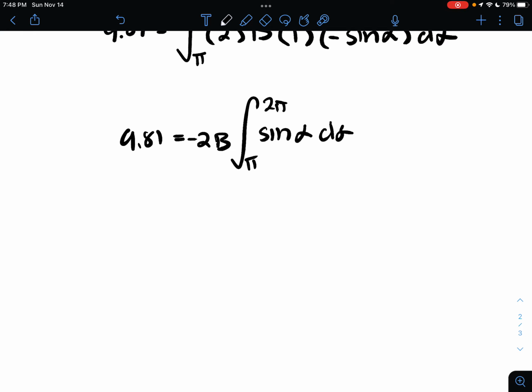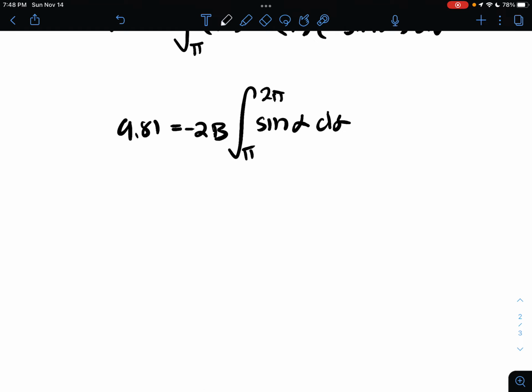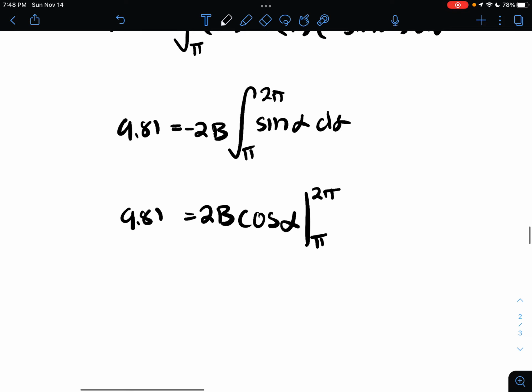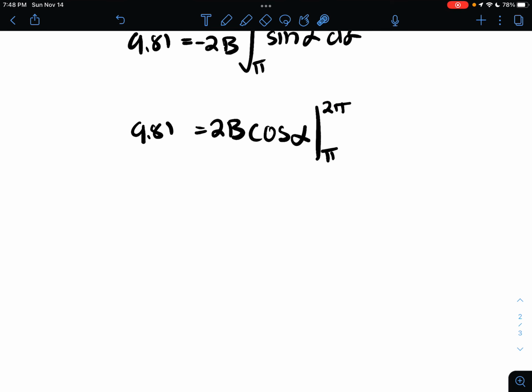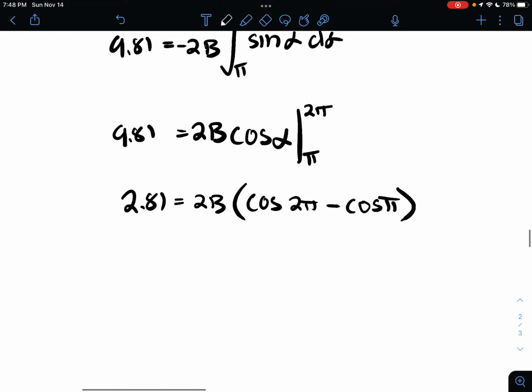The integral of sine is going to be negative cosine, and that's also going to get rid of our negative out here. So it's 2B cosine alpha evaluated from pi to 2 pi, and that has to equal 9.81. We plug in our bounds: 9.81 equals 2B times cosine 2 pi minus cosine pi.